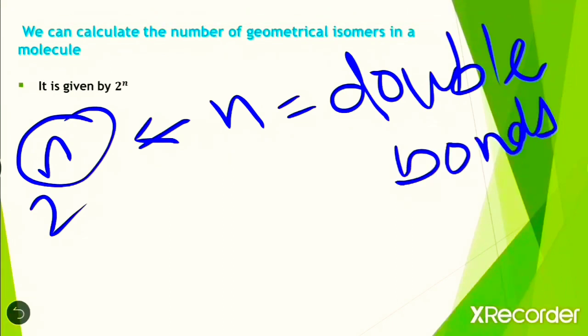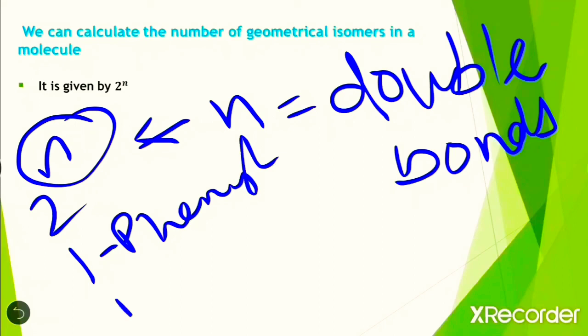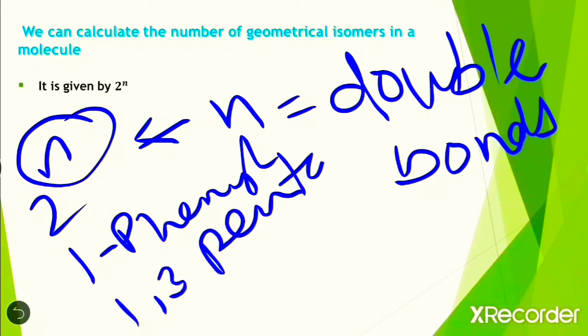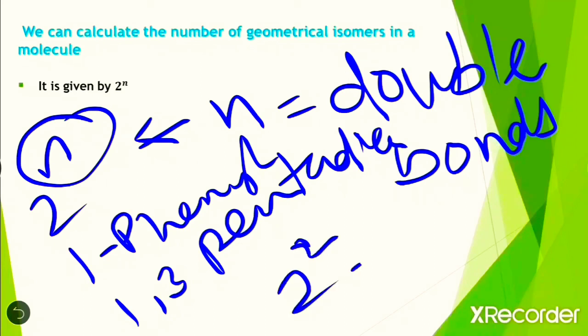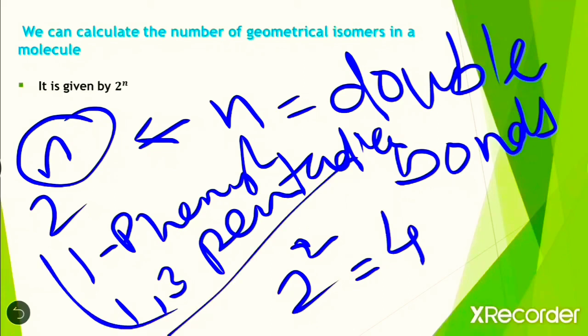For example, 1-phenyl-1,3-pentadiene. In this compound, we have two double bonds. Therefore, 2 raised to 2, which is 4, means this compound will have 4 geometrical isomers.